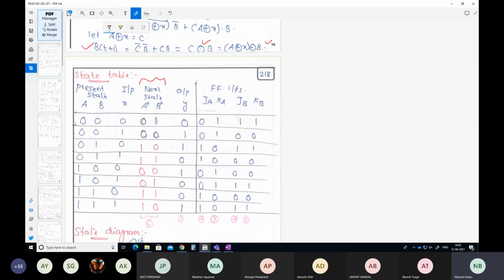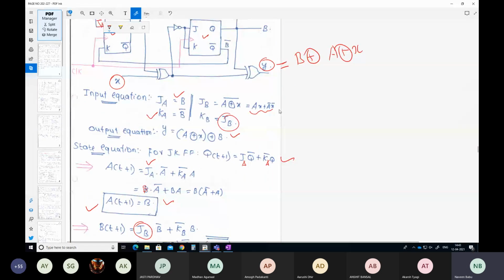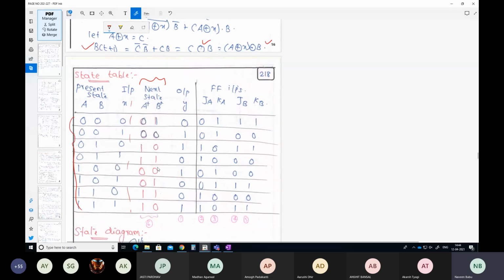The first step is to fill up the rows of your present state and your input till this one, and then fill up the flip-flop inputs. How do you fill up the flip-flop inputs? JA values, you can get from the input equations that we derived from the circuit. This is from the circuit. You fill up JA and KA values.